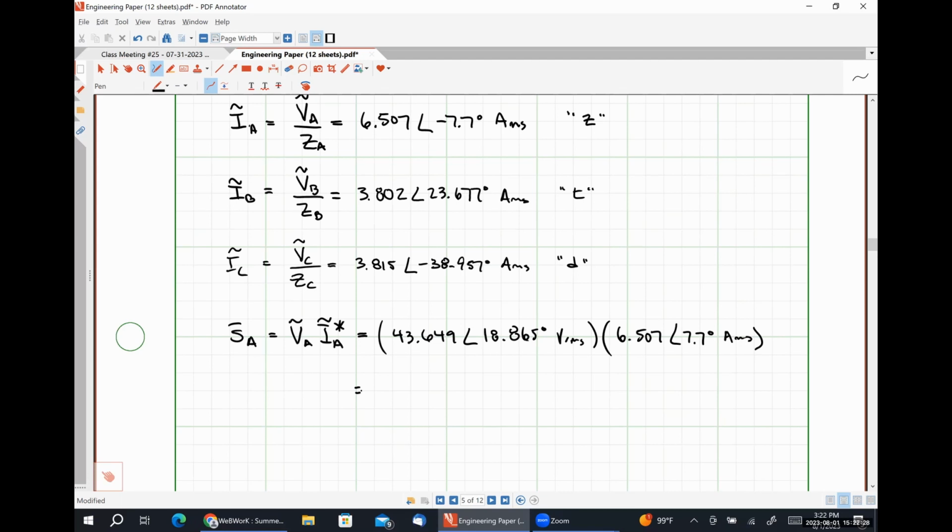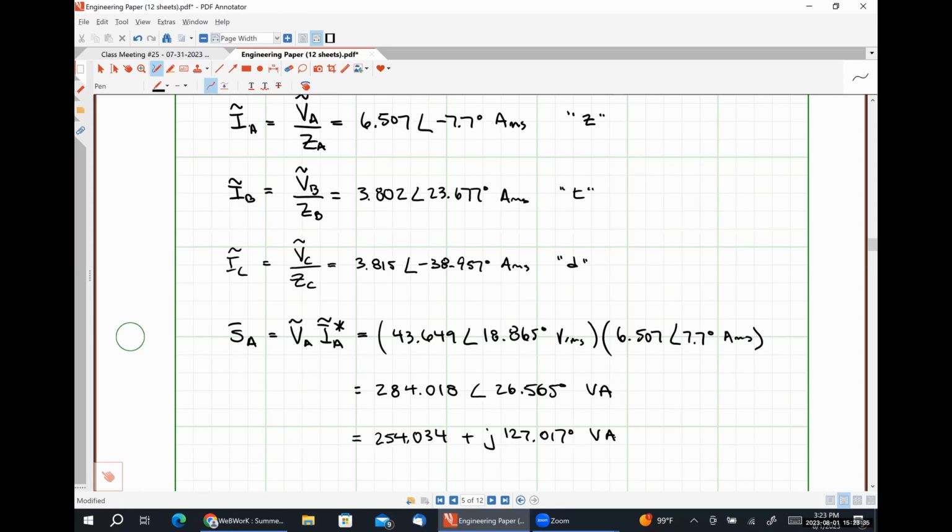And when I do this math in my calculator, that's X times the conjugate of Z. I get 284.018 angle 26.565 degrees volt amperes in polar form, and in rectangular form, this comes out to be 254.034 plus J 127.017 volt amperes in rectangular form.